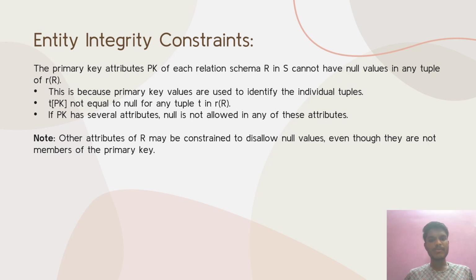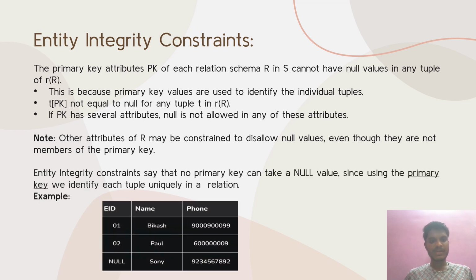Note, other attributes of a relation may be constrained to disallow null values even though they are not members of the primary key. Entity integrity constraints say that no primary key can take a null value, since using the primary key we identify each tuple uniquely in a relation. We can see the example for entity integrity constraints here.